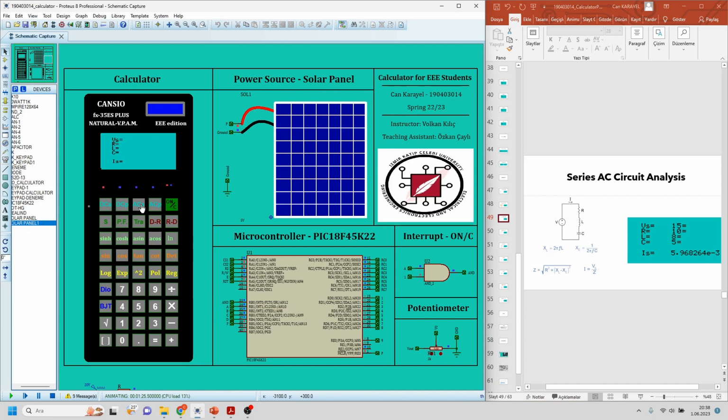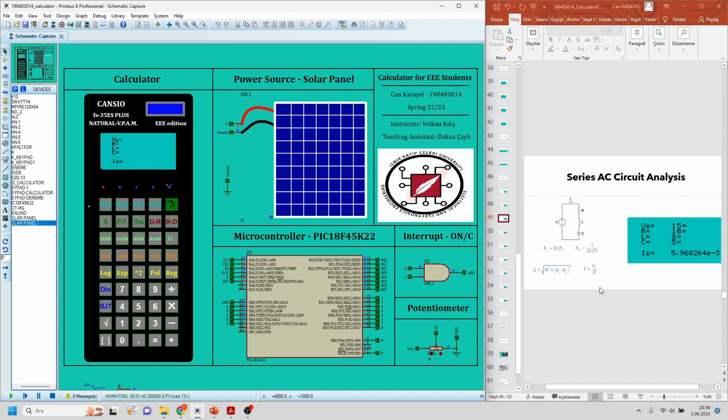For series AC circuit analysis, our circuit can be seen on the right side of the screen. The user can obtain the source current that flows through the circuit according to the given voltage source, resistor, inductor, and capacitor values.